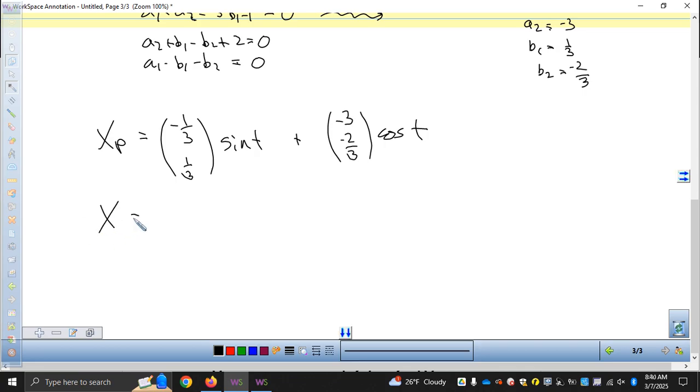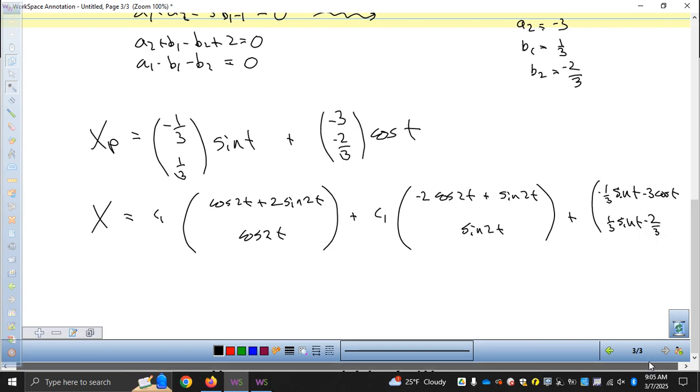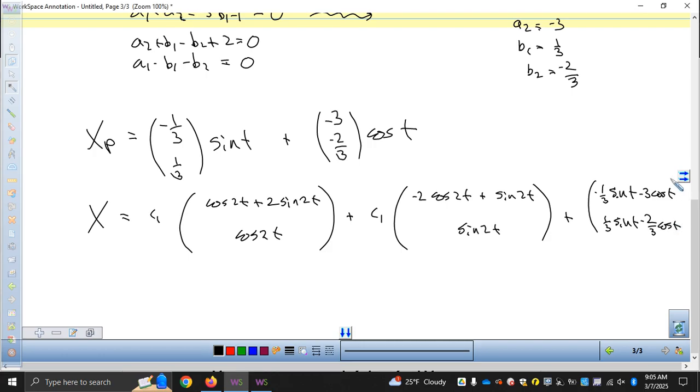And our general solution takes almost as long to write as it does to do the whole problem. And there's our solution.